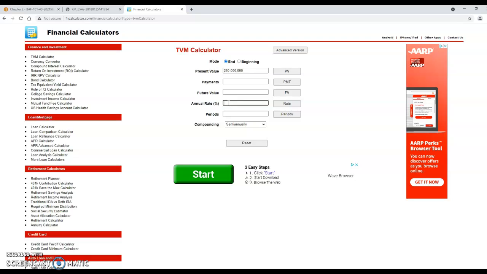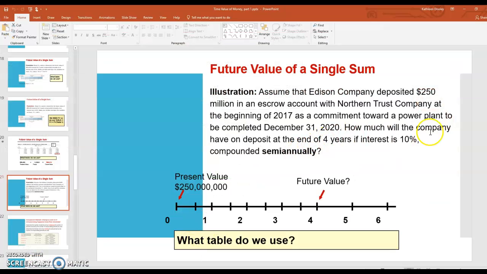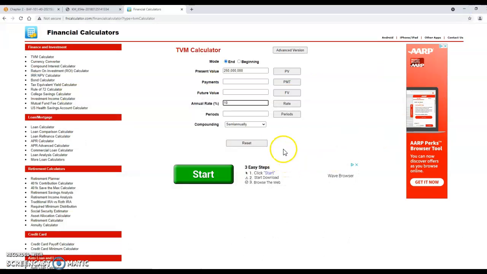However, this says it wants the annual rate. It's going to divide it in 2 for us, okay? So it wants the annual rate. So that was 10%, I believe. That was, yes, 10% and 4 years, okay?